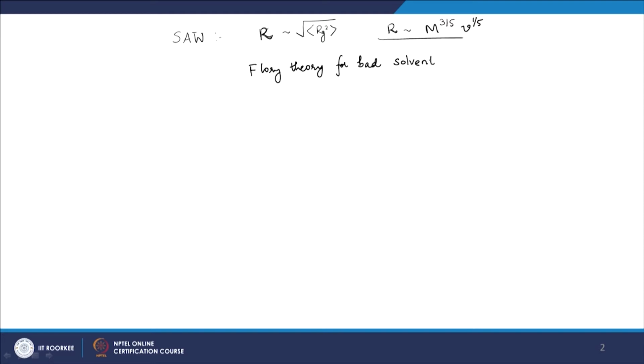So, we are doing the Flory theory for the bad solvent or poor solvent. We again make the approximation that we made earlier, that the total energy is additive.